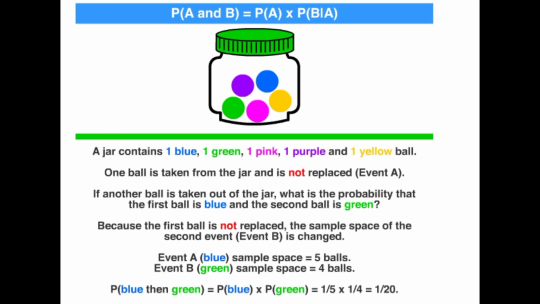Because the first ball is not replaced, the sample space of the second event B is changed. Event A, blue: sample space equals 5 balls. Event B, green: sample space equals 4 balls. P of blue then green equals P of blue times P of green equals 1 over 5 times 1 over 4 equals 1 over 20.